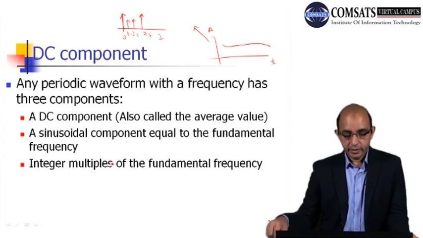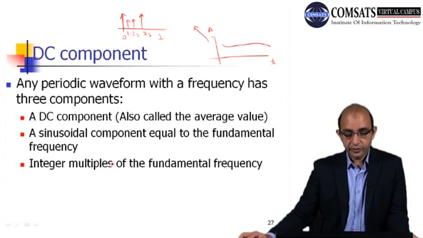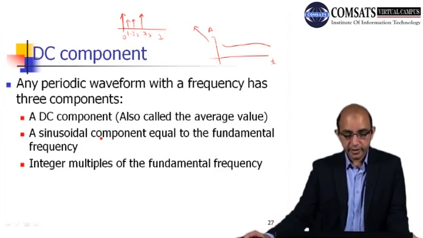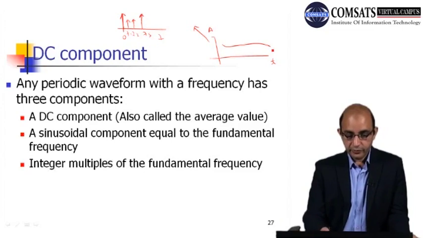Each periodic waveform should have three components: a DC component, that is the amplitude at 0 frequency, the sinusoid or fundamental frequency, that is the amplitude represented at f1, and then the integer multiples. Here f2 might be 3f1, and f3 is equal to 5f1.